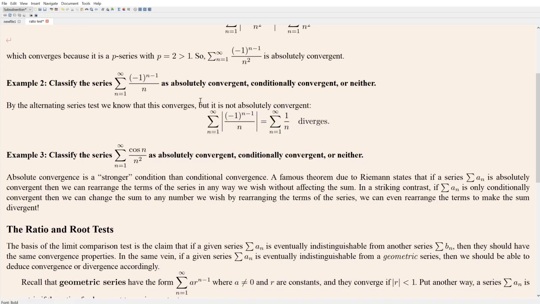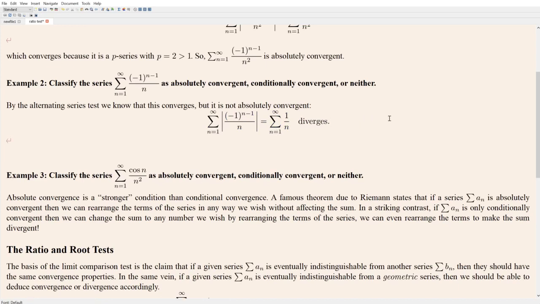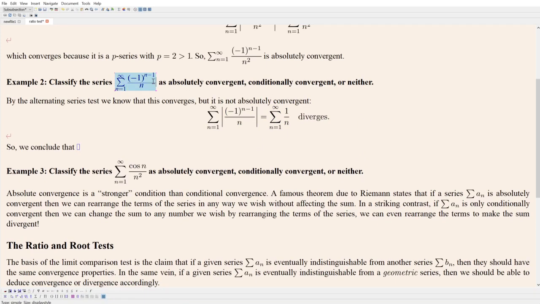So, because this guy converges, but does not converge absolutely, that means that it is conditionally convergent. That is what conditional convergence means.